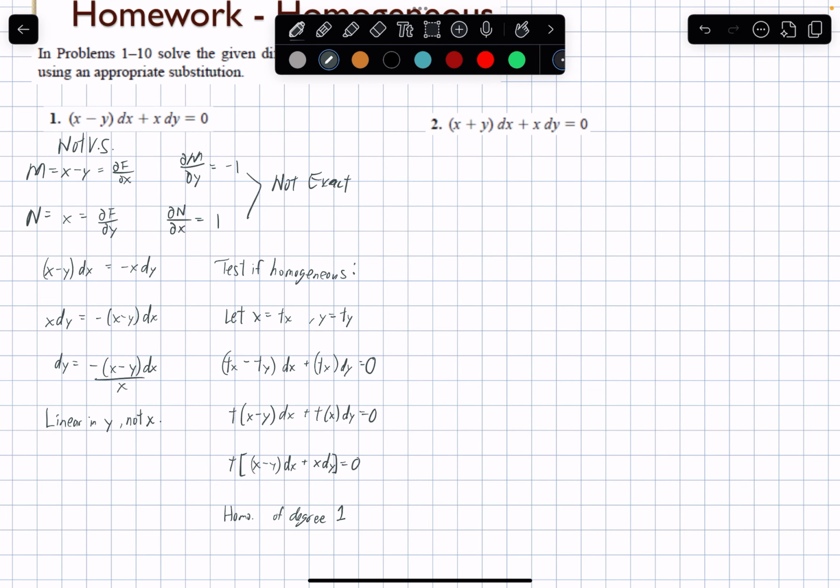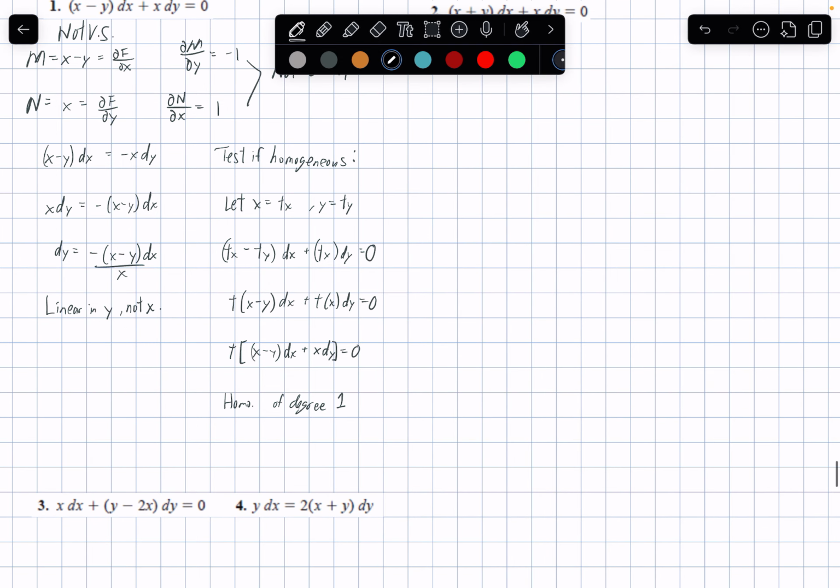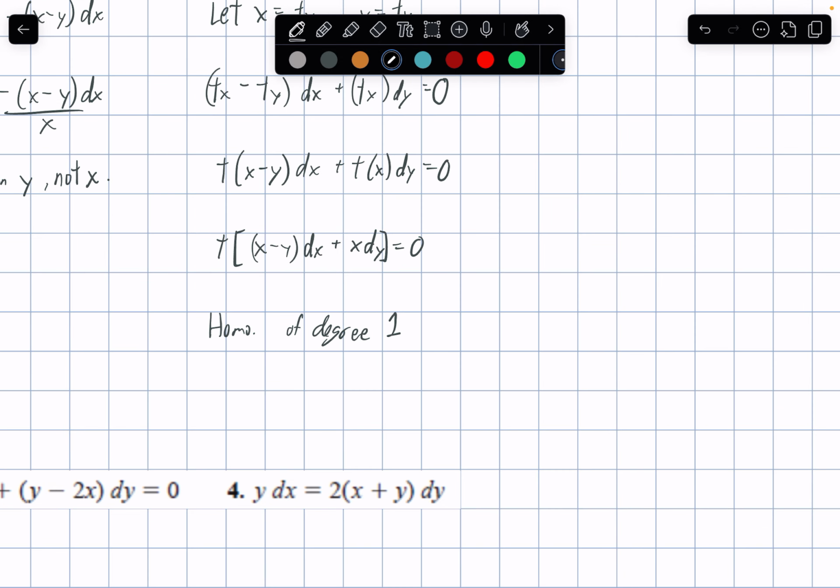After testing for homogeneity, we now proceed to the policy. We still follow this default equation, M dx plus N dy equal to 0.